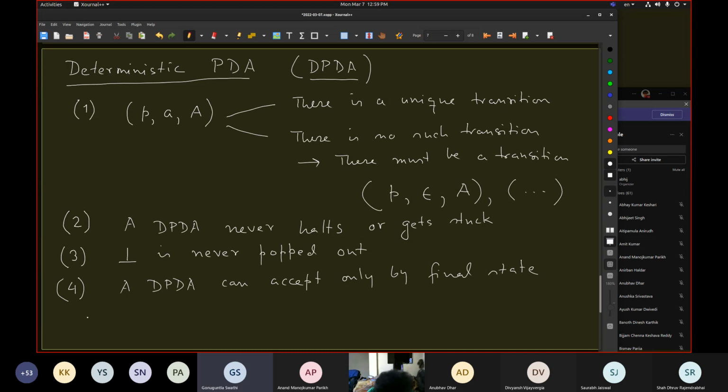And then I make another assumption. The input is terminated by a special marker, special symbol, and let us give it a name, something like this.